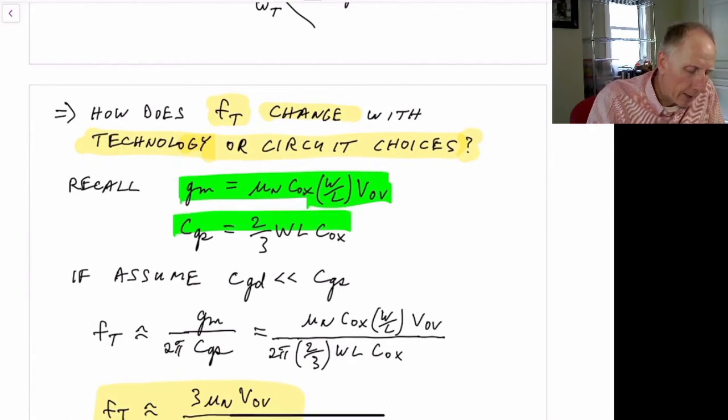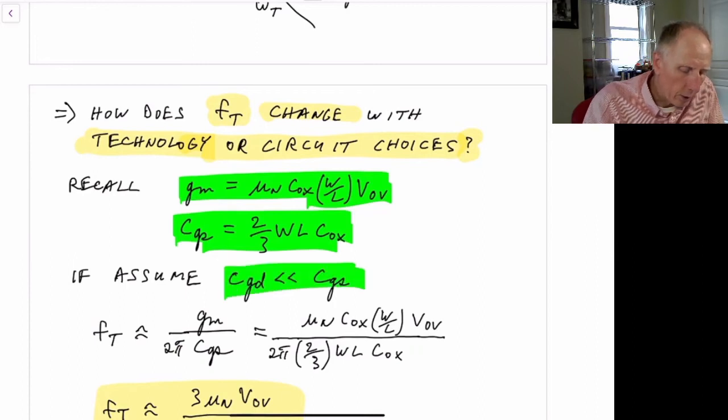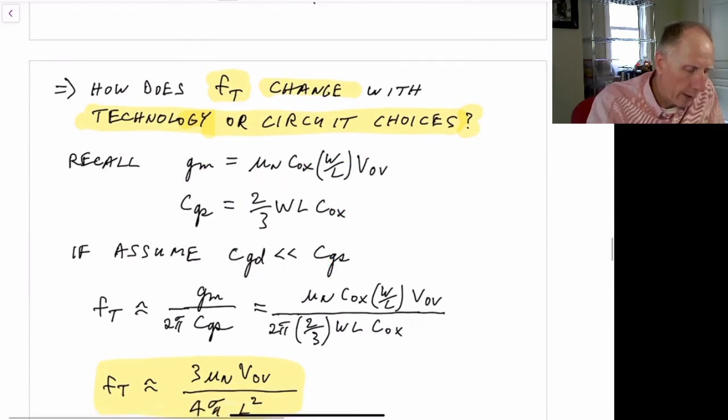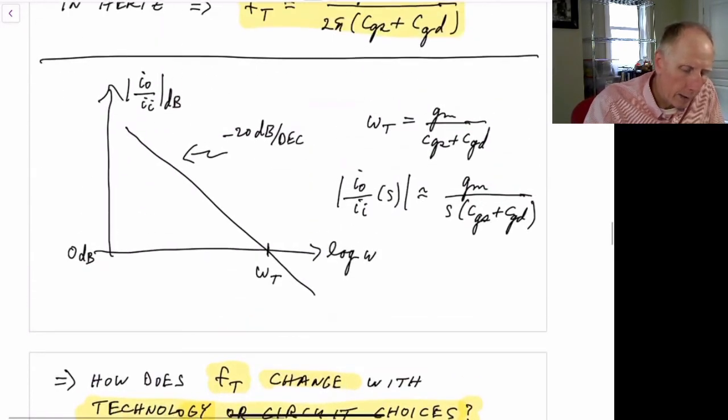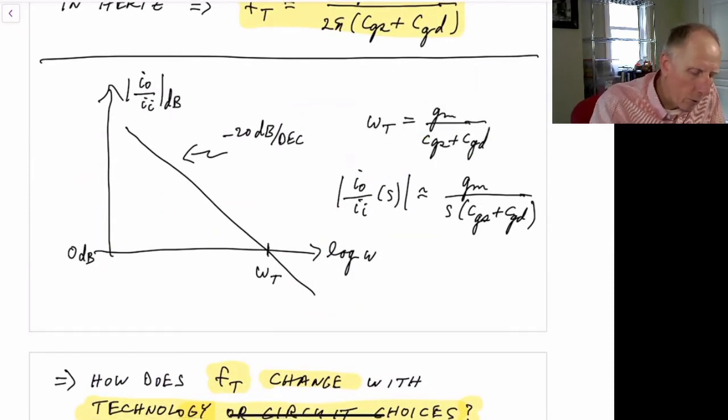And we have that CGS is given by 2/3 width times length times Cox. If we assume that the gate to drain capacitance is much less than the gate to source capacitance, then we can rewrite this equation up here and just ignore the CGD.